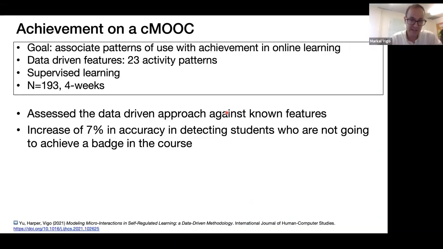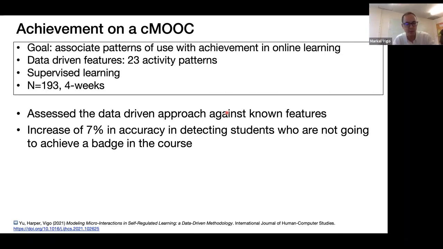And the final case study was about whether we can predict if someone is going to be a high achiever in online learning, where achievement is measured by badges given by a course instructor. We derived 23 data-driven features and applied supervised learning, involving 193 students over a period of 4 weeks.